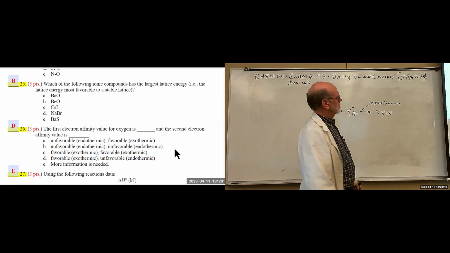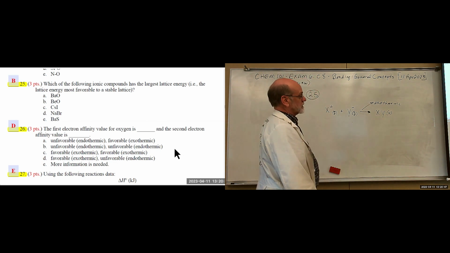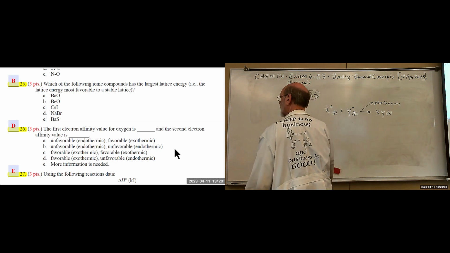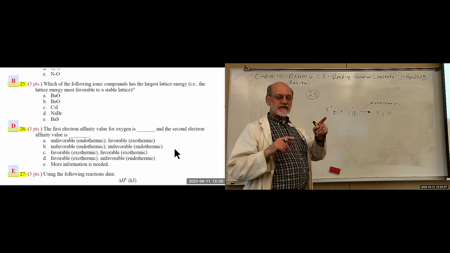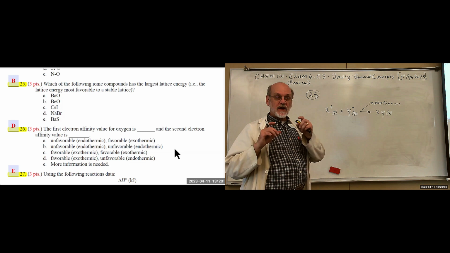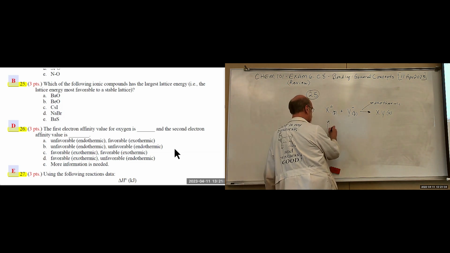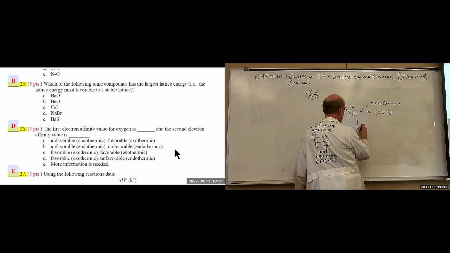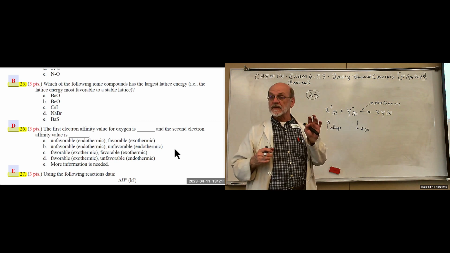Is that what we're looking for? Largest lattice energy. Okay. So we want to look at, again, which ions are furthest apart, and not only that, but the size of the charge and the size of the ion. So we want high charge on each of them, and we want small size because of Coulomb's law, right?